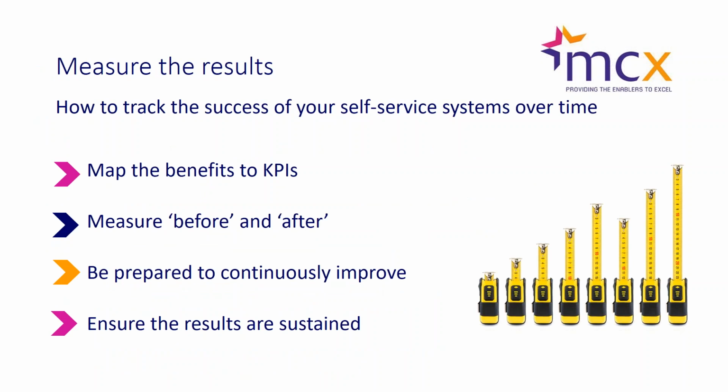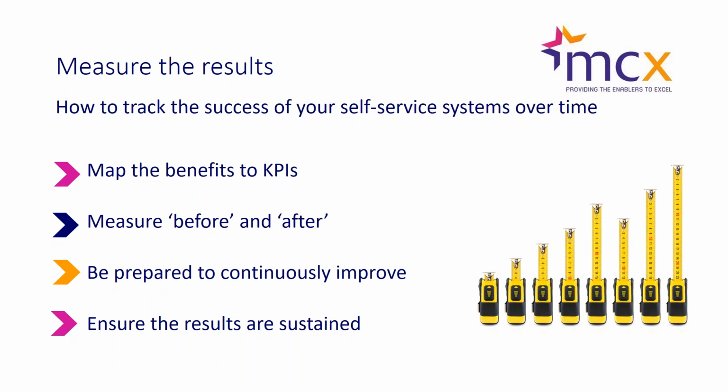Then in terms of how you implement self-service options, I guess the number one golden rule is that you have to be able to track how well that's working. So in your business case, you'd certainly want to map the benefits to your KPIs. In other words, is this driving contact and failure demand out of the contact center?